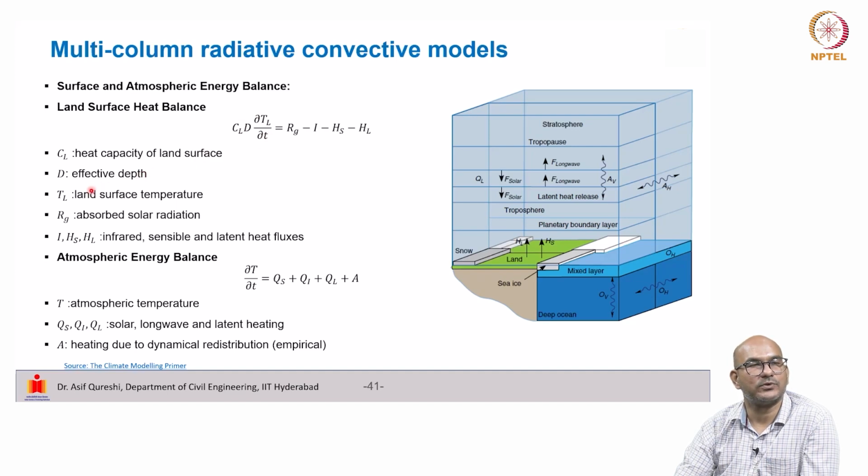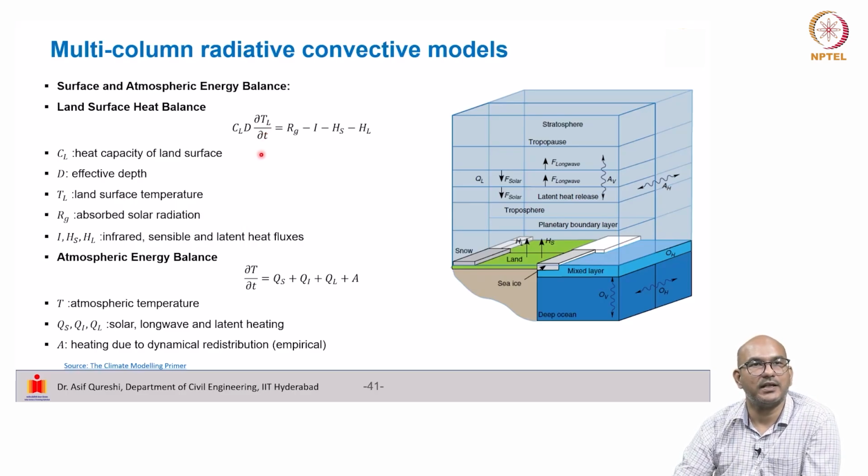So, del land surface temperature by dt is equal to Rg, which is the absorbed solar radiation, minus I, minus HS, minus HL. So, these are the absorbed radiation minus the infrared emissions, the infrared heat flux, the sensible heat flux and the latent heat flux. So, this now tells us the land surface heat evolution.